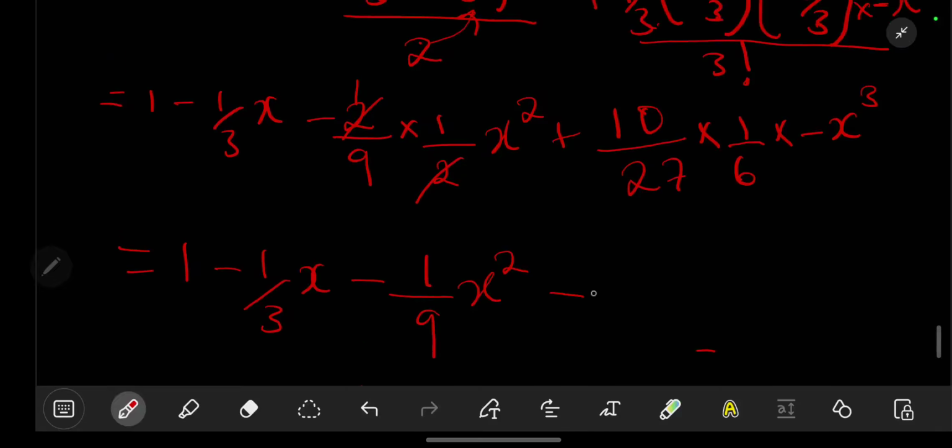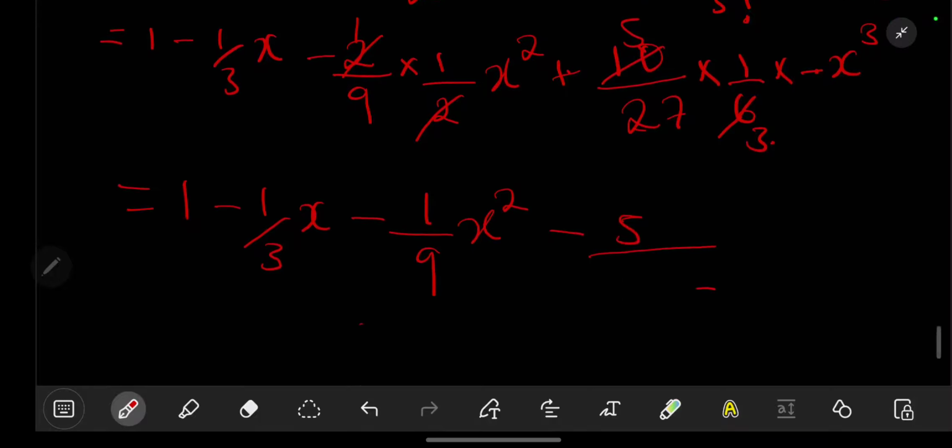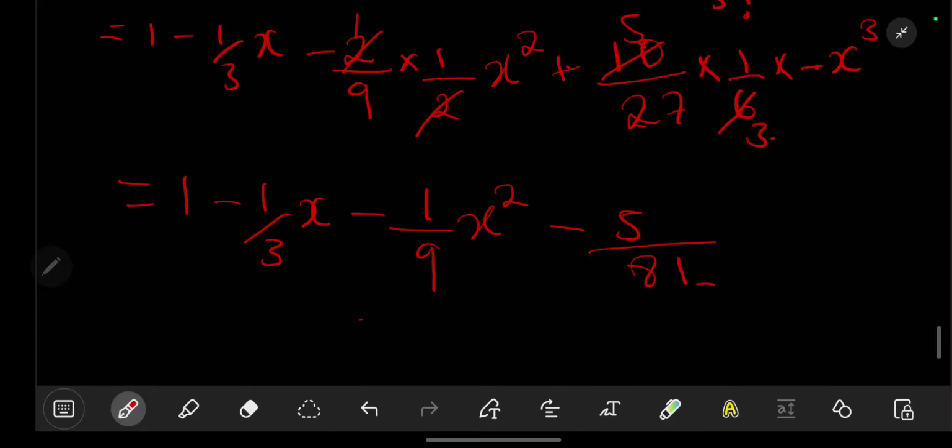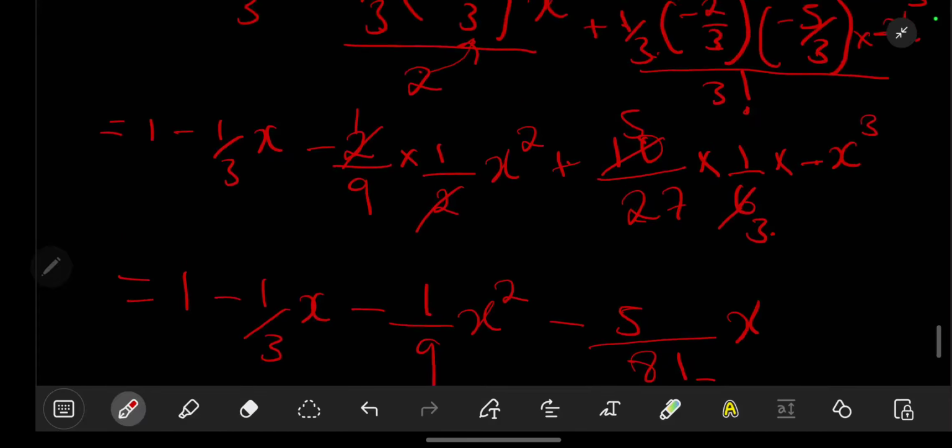Then we have minus, we reduce a bit, 6 divided by 2, that's 3. 10 divided by 2, that's 5, like that. So we have minus 5. So where's the minus coming from? Negative times positive, it's minus 5 over 27 times 3, that will be equal to 81. We have x to the power of 3 plus dots, dots, dots.